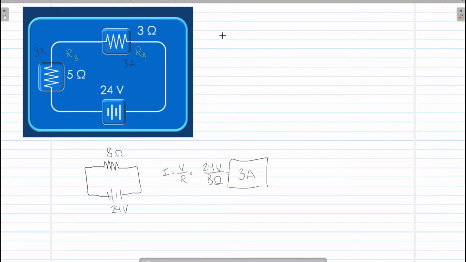Now we will work out the voltage or potential difference across each resistor. So the potential difference across resistor A is equal to the current across A multiplied by the resistance of A. The current across A we've already determined is 3 amperes, and the resistance of A is 3 ohms. 3 times 3 is 9. So the potential difference across resistor A is 9 volts.